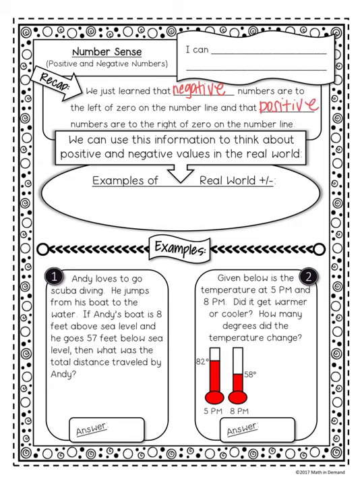And we can use this information to think about positive and negative values in the real world. Some examples that we've talked about before could be temperature, elevation. In other words, are you above or below sea level? Debt. So you can talk about a few different things in real life with negative and positive numbers. And you can also do a little bit of math with them too.